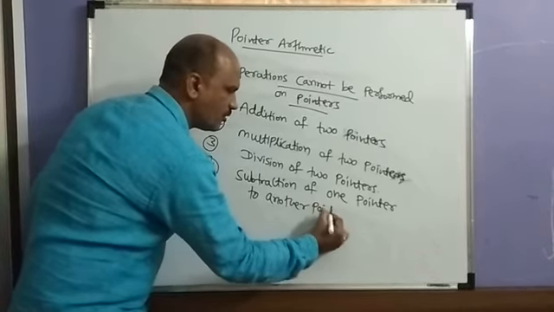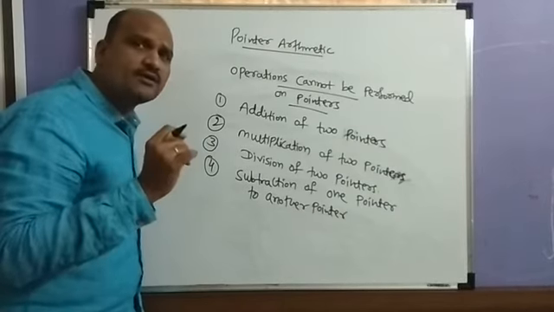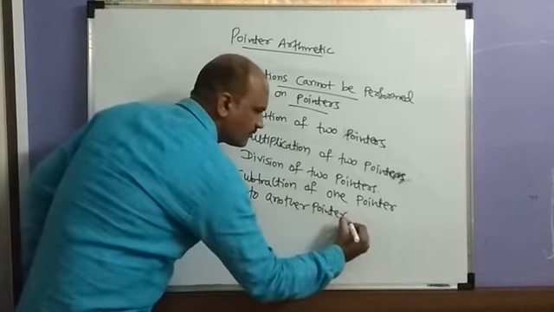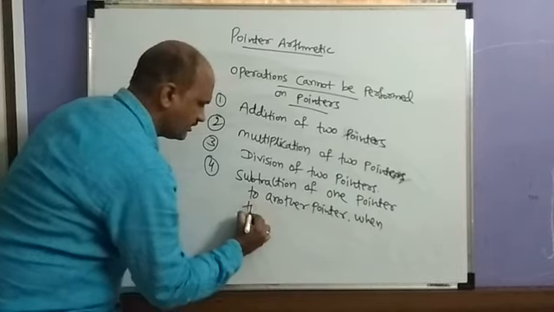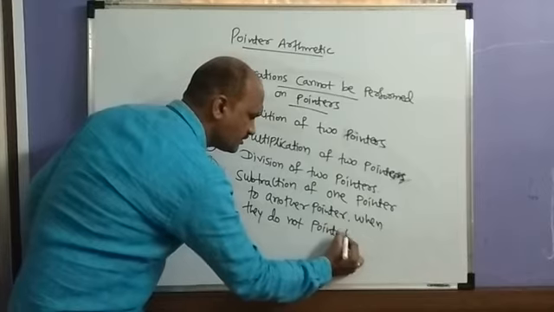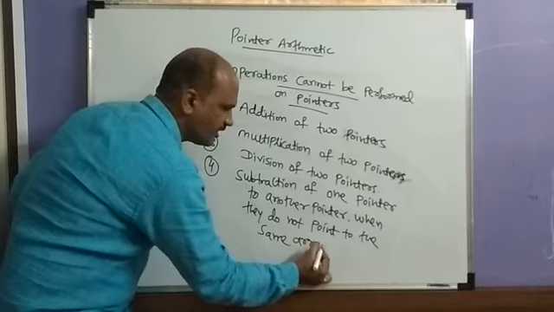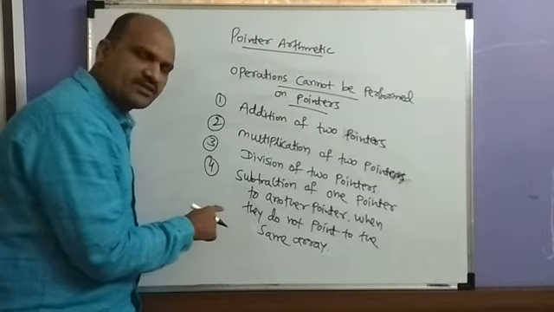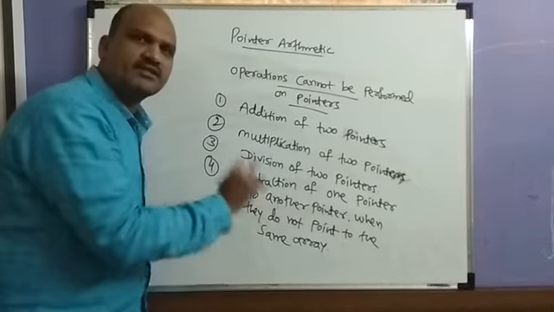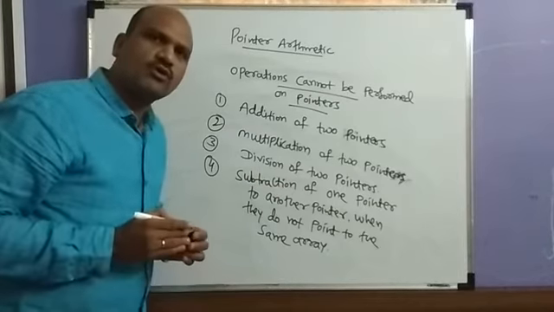Subtraction of one pointer to the another pointer is possible only when they point to the same array. So if they are pointing to the same array, then we can subtract. If they are not pointing to the same array, then the subtraction of one pointer to the another pointer is also not possible.